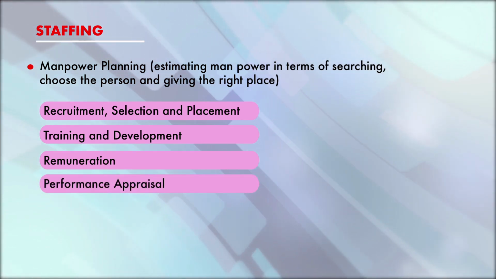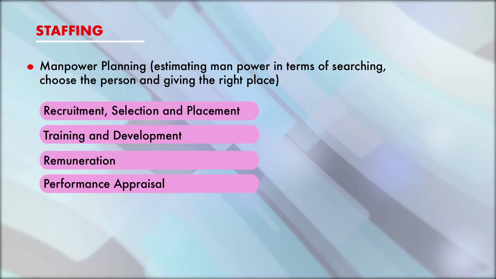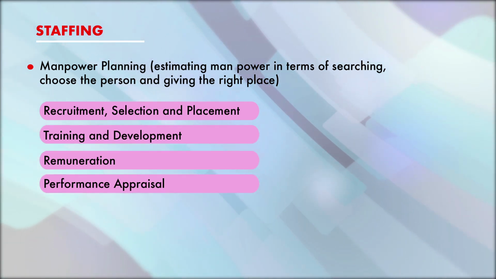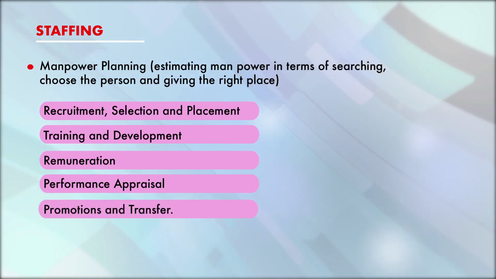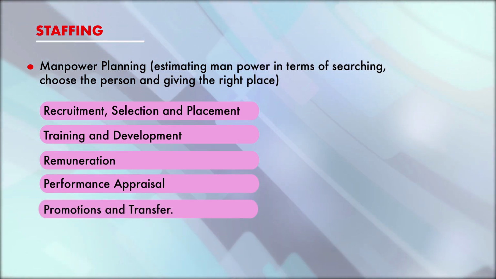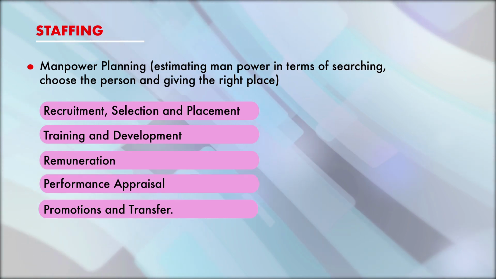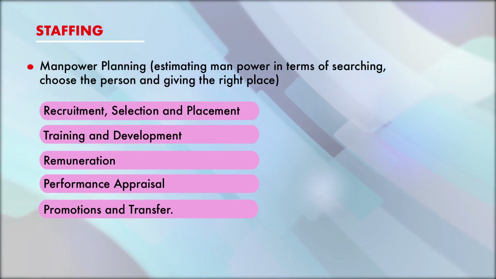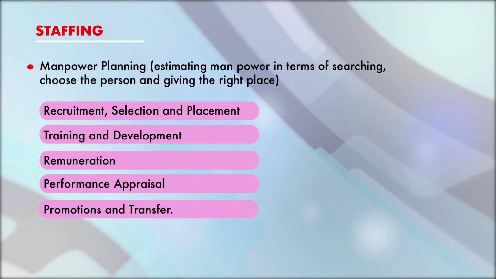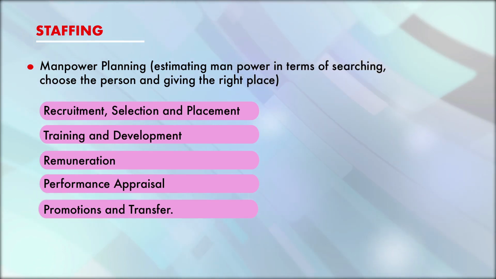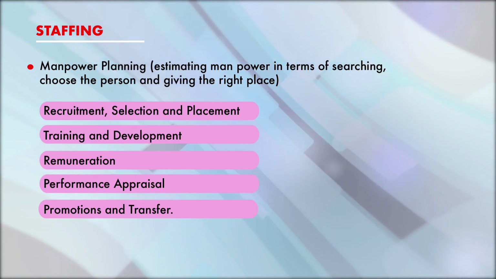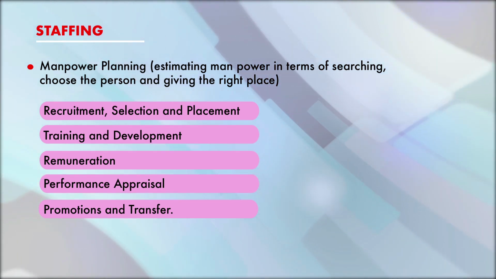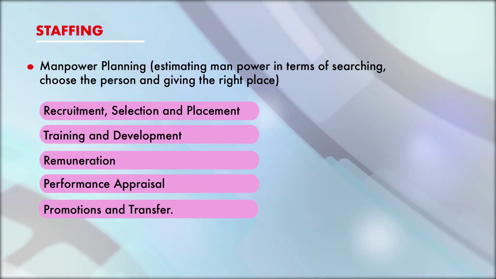This performance appraisal helps the authorities to decide whether to promote the staff, whether to train him, whether to transfer him. So, all these things are basically based upon performance appraisal. This leads to promotion and transfer of the staff in the organization.